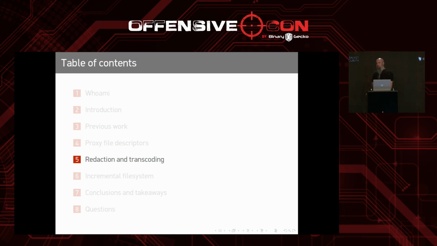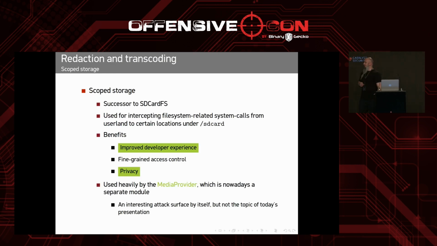And now let's move on to the next two techniques, reduction and transcoding. As we mentioned previously, Fuse is used by scoped storage. Scoped storage is actually the modern way of accessing files under the SD card on Android. It's the successor to SDCardFS, and is basically implemented in a process called the media provider.